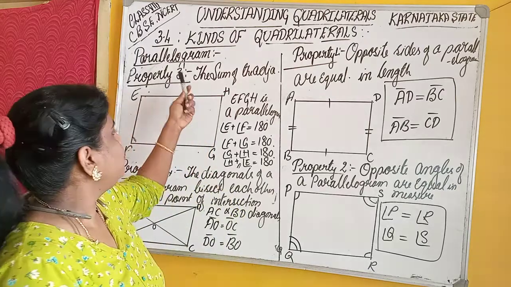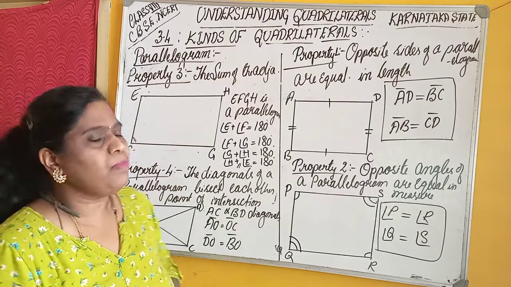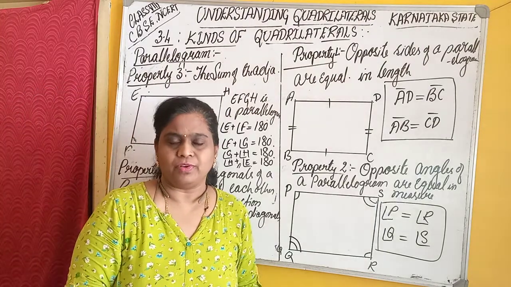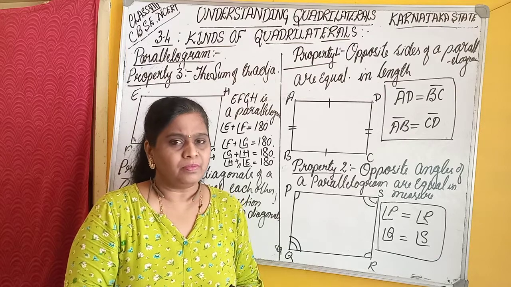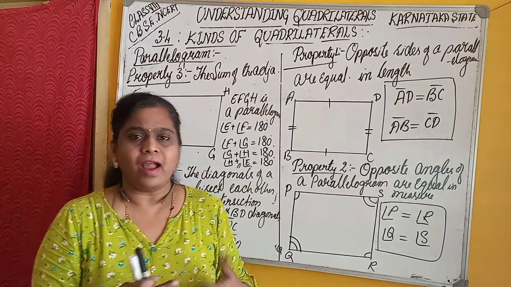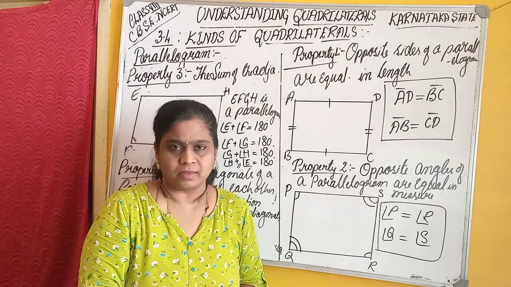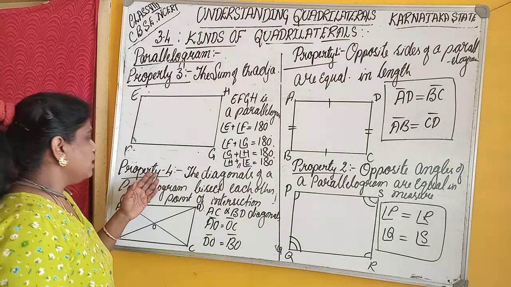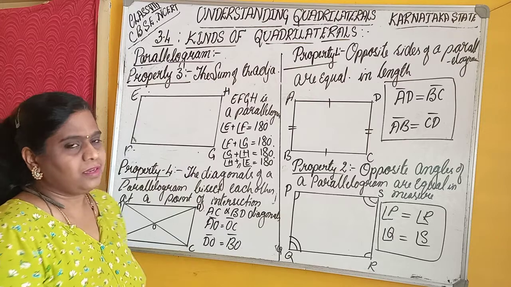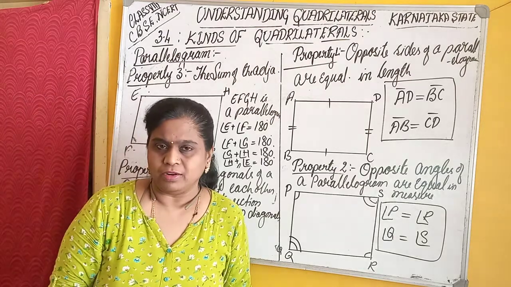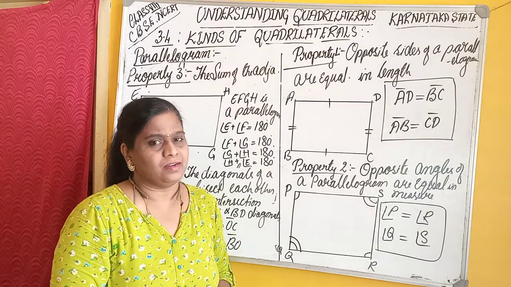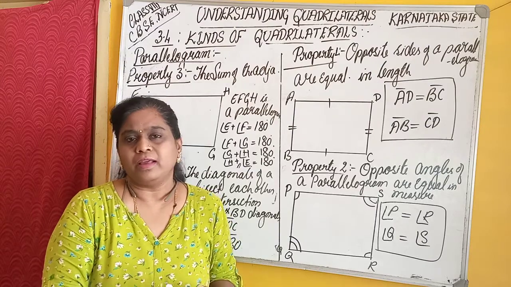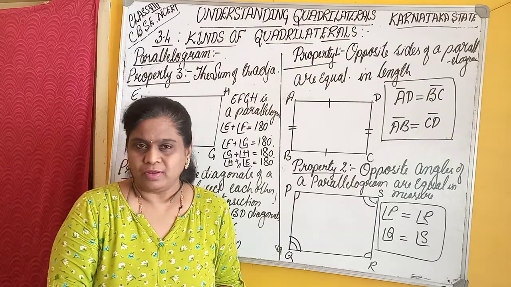The third: the sum of the adjacent angles of a parallelogram is supplementary. That means if you add two adjacent angles, the sum is equal to 180 degrees. And the fourth: the diagonals of a parallelogram bisect each other, that means they divide into two equal parts.